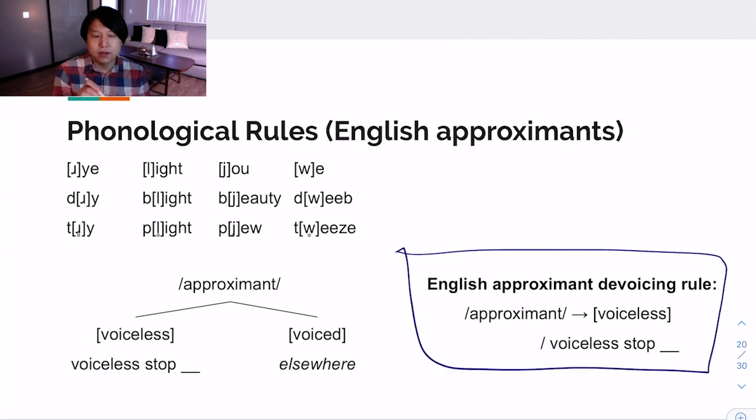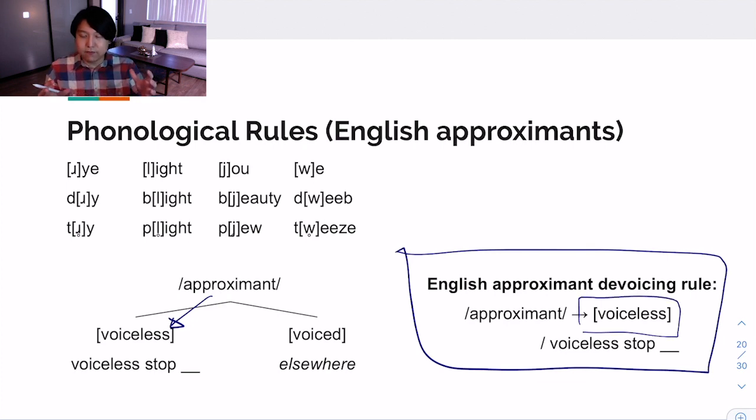And you can write a phonological rule out of it, that approximants are becoming voiceless. So you put the phoneme here between two slashes, and this right arrow sign means that approximant becomes voiceless, and you put this voiceless, the feature you acquired after the phonological rule, between these two square brackets, meaning that these are phonetic realizations of this phoneme, that this voiceless form is not a different phoneme, it is an allophone of the original sound.